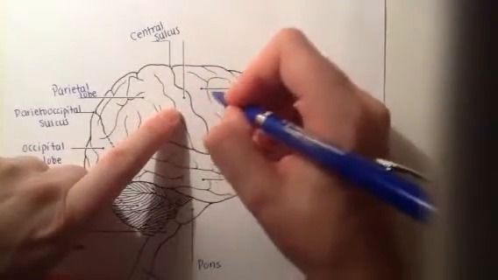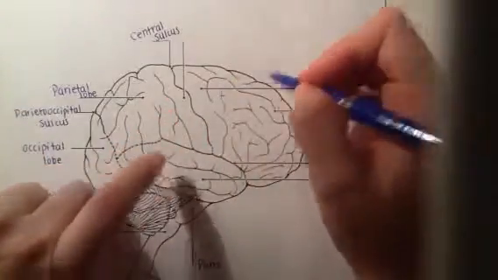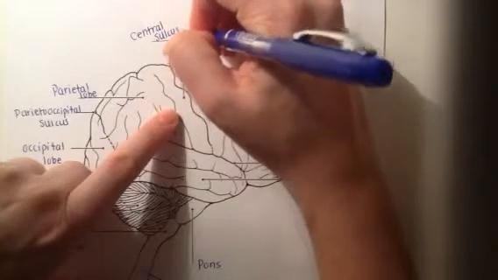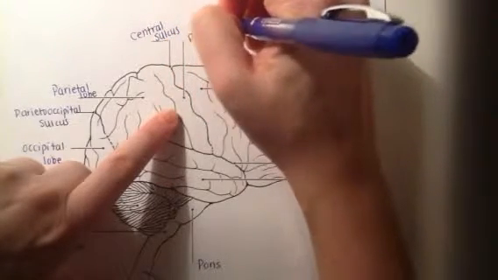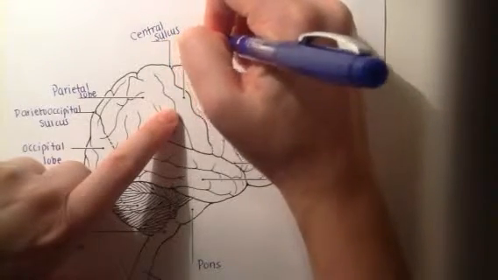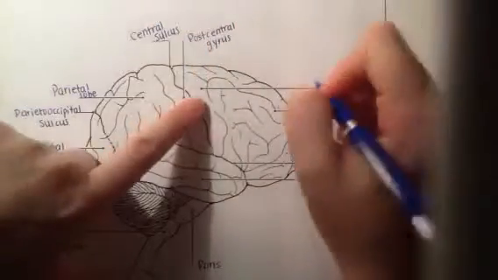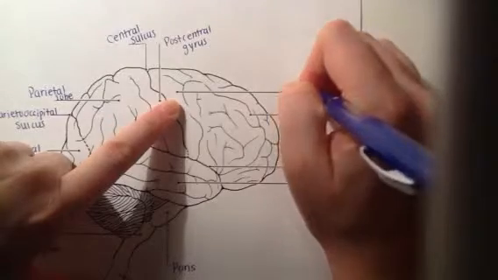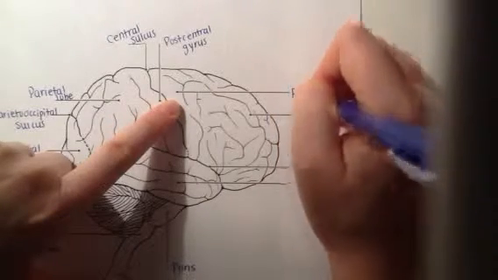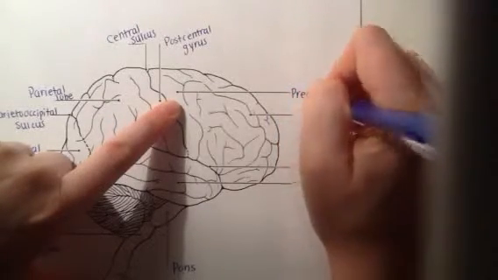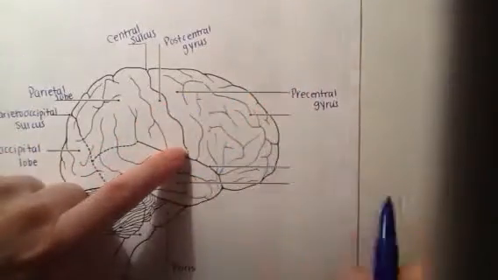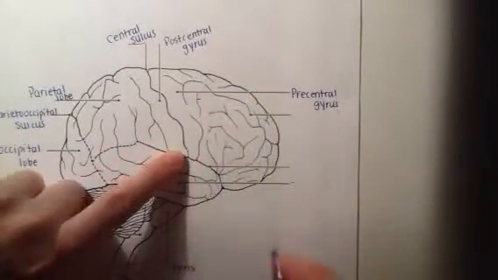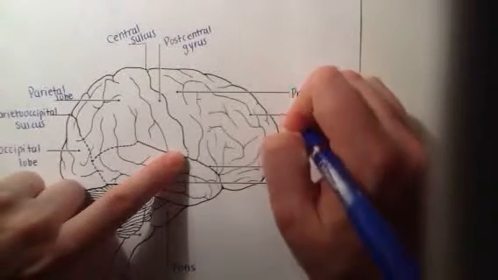So always look and see where the front is to know which one's pre and which one's post. You got to be careful there. This is your post-central gyrus. This is your pre-central gyrus. And they are called a gyrus because it's a bump, not a groove. This is the front lobe of the brain, so that's called your frontal lobe.